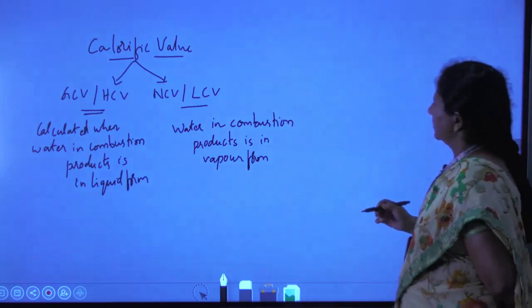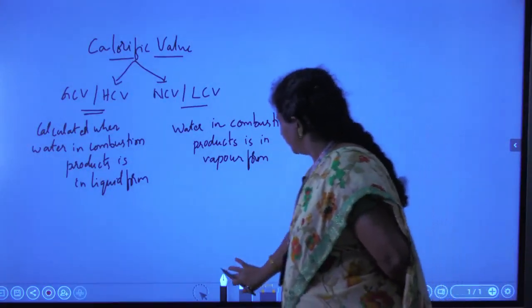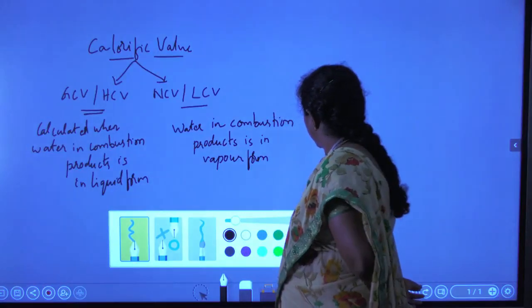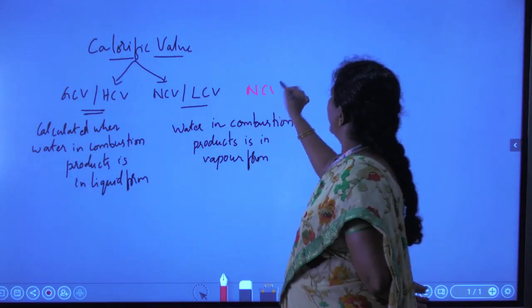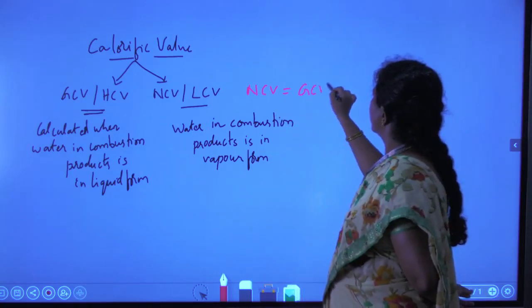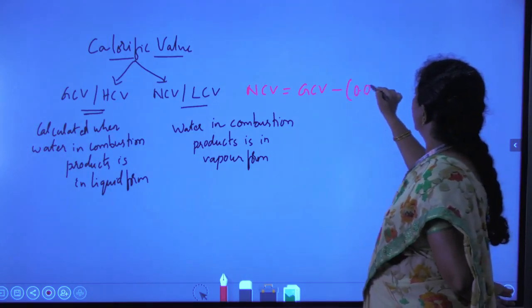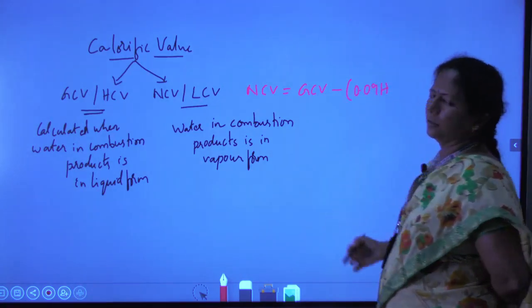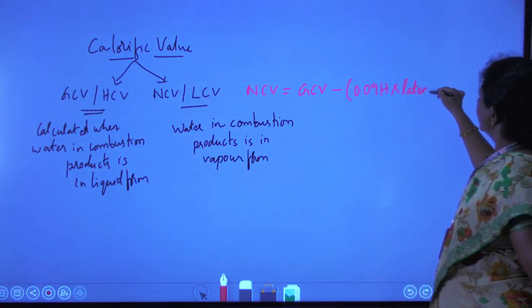Next we have discussed how to calculate the net calorific value. So net calorific value is equal to gross calorific value minus 0.09 hydrogen into latent heat of steam.